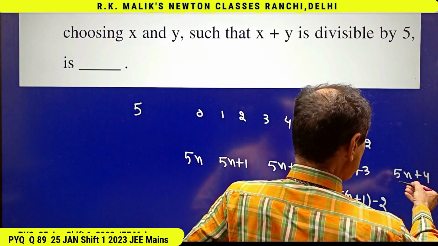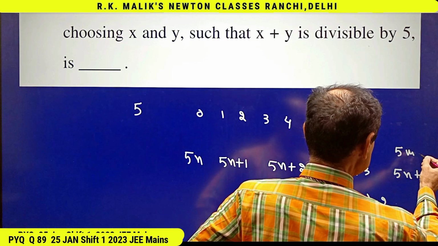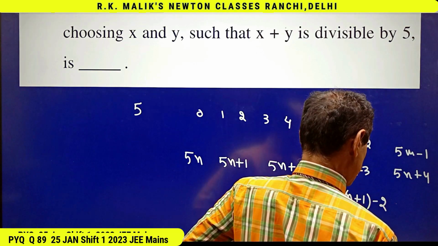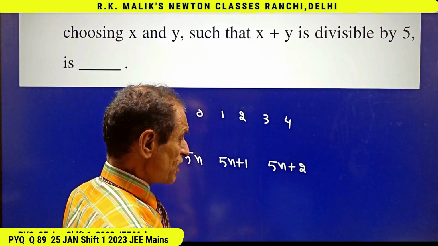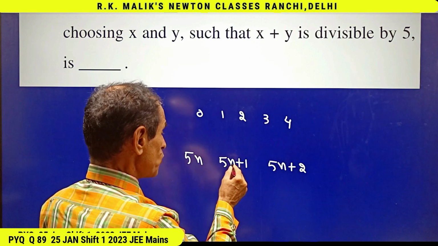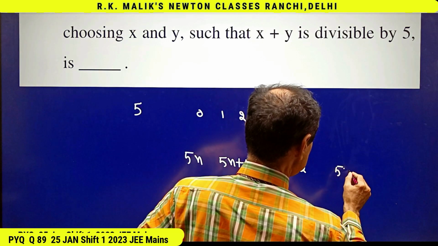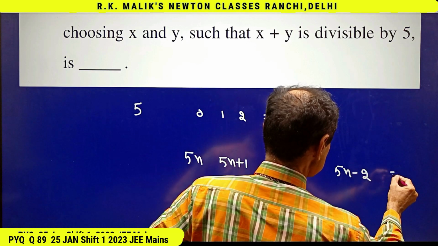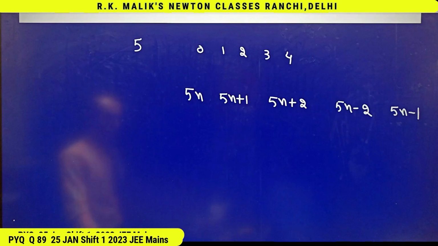Similarly, the form of 5n plus 4 or 5m minus 1 are same form. Therefore, I can say in this way also that every natural number is in the form of 5n or 5n plus 1 or 5n plus 2 or 5n minus 2 or 5n minus 1 form.